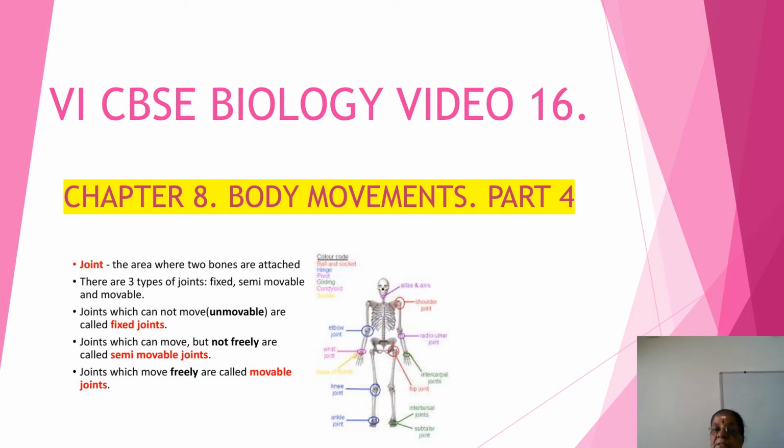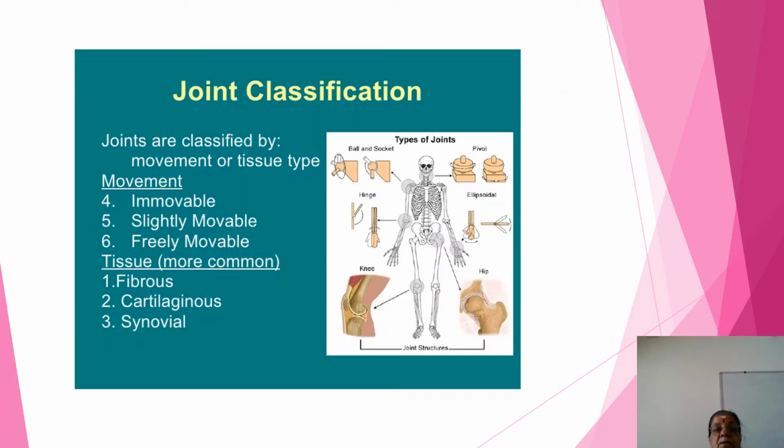So we will continue the lesson video number 16. Now, joint classification: just now what we have seen is by movement or tissue type. By movement, the joints are immovable joint, slightly movable joint, and freely movable joint. Whereas for tissues, our textbook does not give it clearly, so you just understand fibrous tissue, cartilaginous tissue, and synovial structure. Now we say about the bone, it is formed of something.